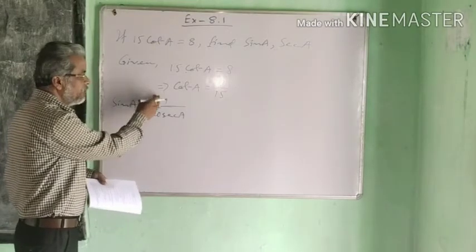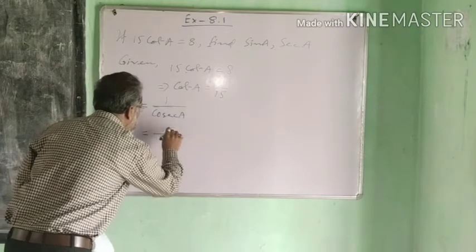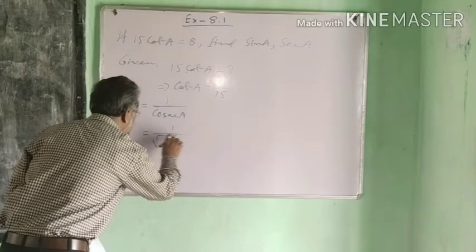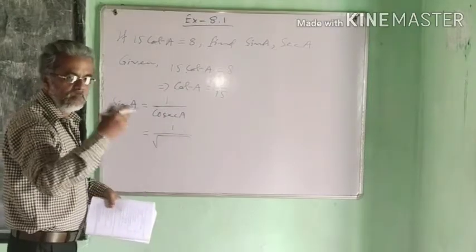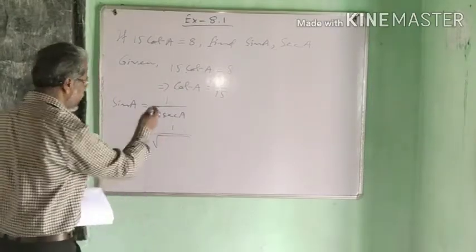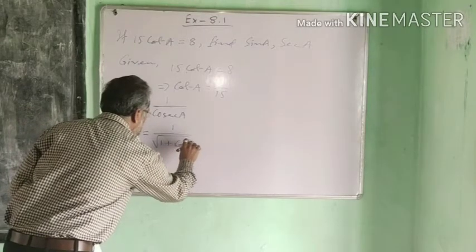Sin A is 1 by cosec A, and now cosec A can be transferred to cot A in this manner. Cosec square A is equal to 1 plus cot square A. So cosec A is root over 1 plus cot square A.